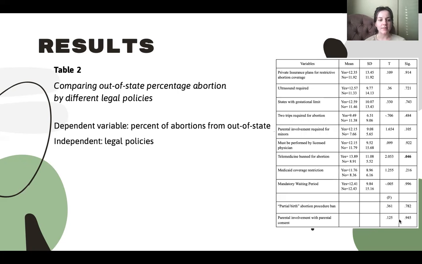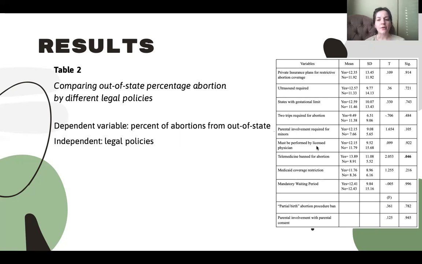And then my second table is comparing the out-of-state percentage. What was interesting to see is that none of these were statistically significant, except for the telemedicine ban. And what I grasped from this, and there's always further research to do, is that since the telemedicine ban is one of the most recent policies, possibly if they have the telemedicine ban, then they also have a list of other policies as well.